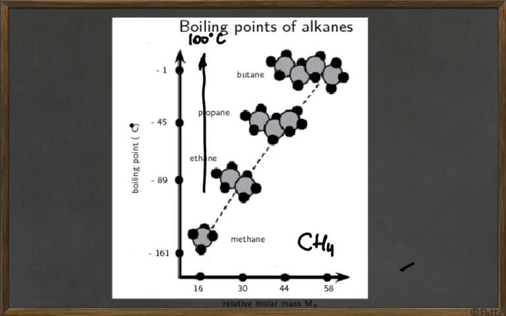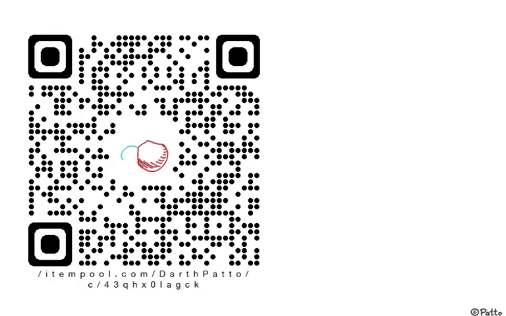So very similar molecules, water and methane. The water has a much higher boiling point than the methane because you need much more energy to boil it in comparison to the methane, which is an apolar molecule that doesn't connect to each other by hydrogen bonds.